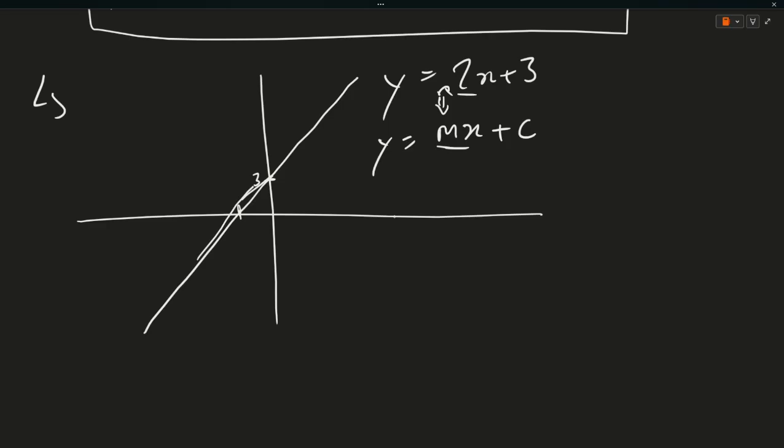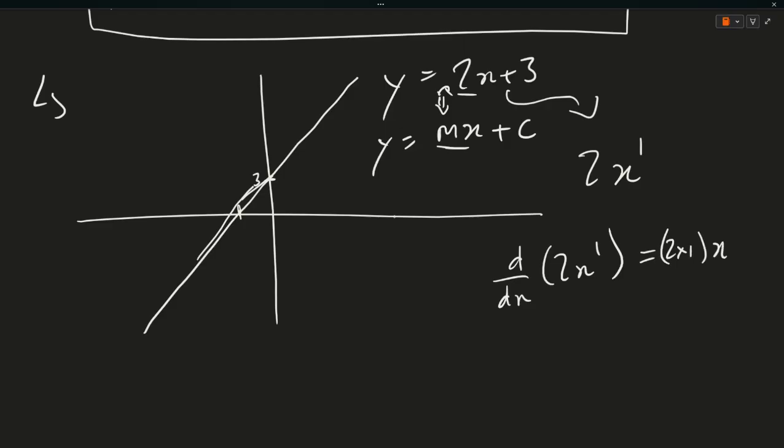But notice how the same method I just showed you actually applies here, where we have 2x to the power of 1. The gradient here, if we said d on dx of 2x to the 1, is simply 2 times 1 times x to the 0, which is just 2. So you see how the same principle still applies here.